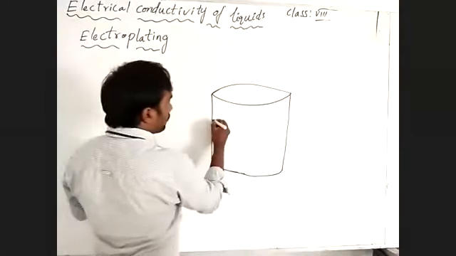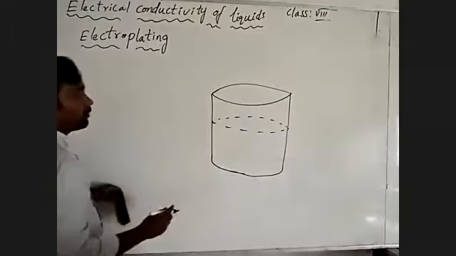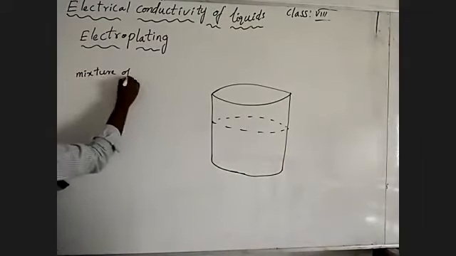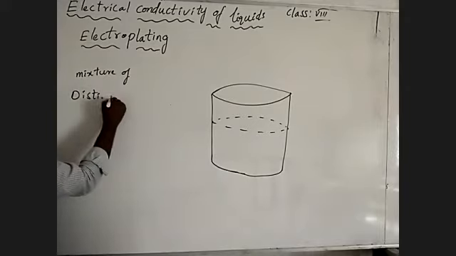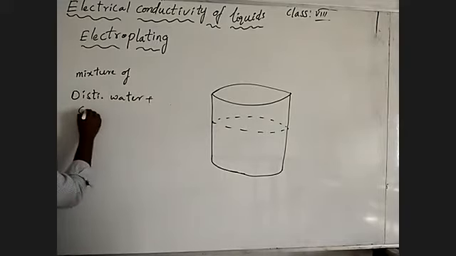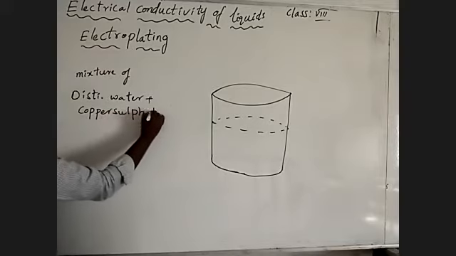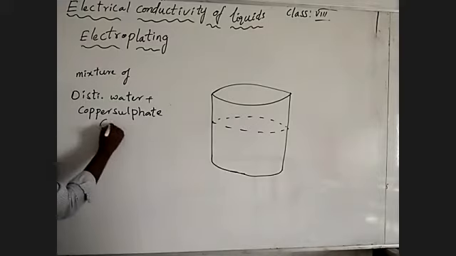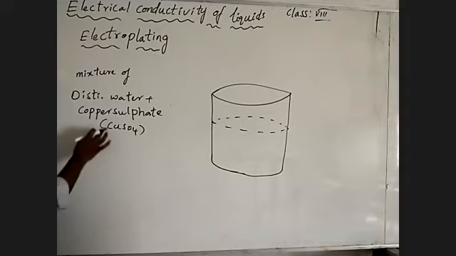See here, we are taking a mixture of distilled water and copper sulfate. So it is the color of blue vitriol. By mixing those we are taking the solution.